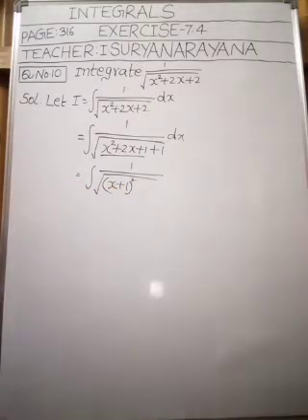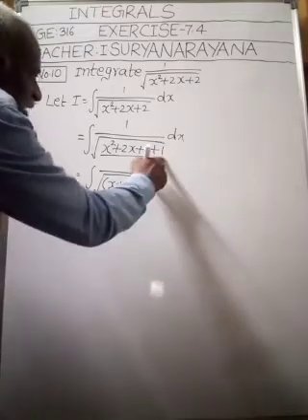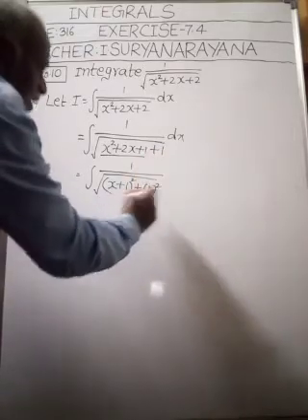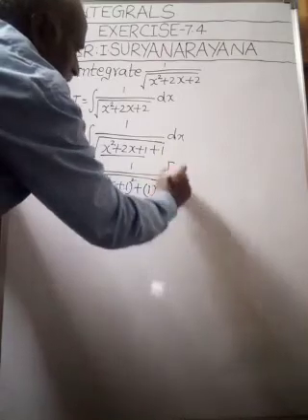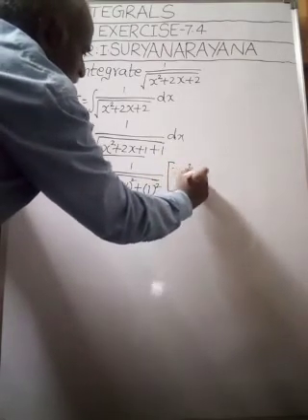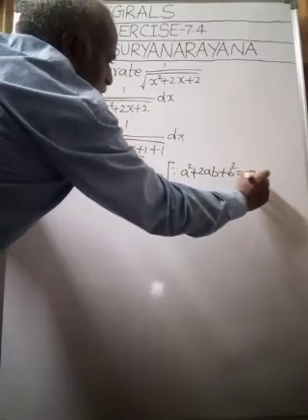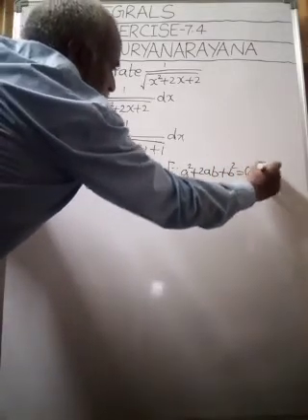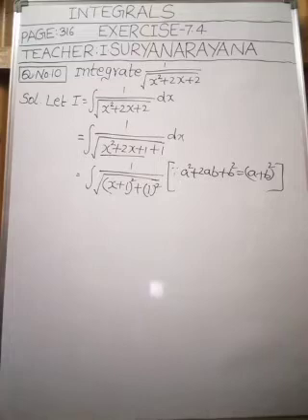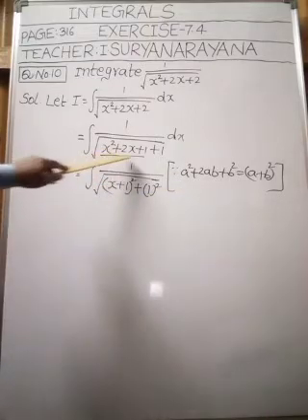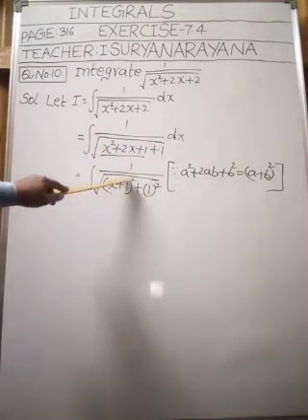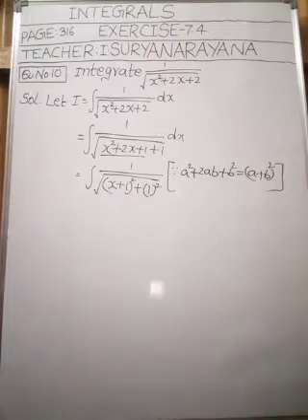And plus 1 is there, which can be written as 1 square, because a square plus 2ab plus b square is equal to a plus b whole square. By using this algebraic identity, we wrote these three terms as x plus 1 whole square. Understood this step, my children?